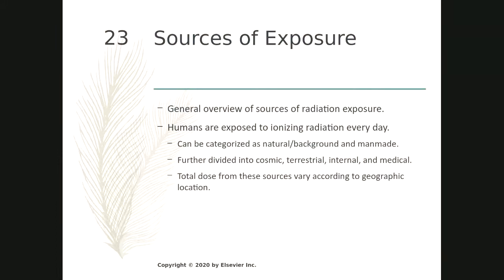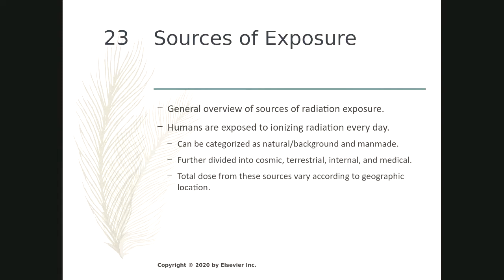When we look at this last part of the chapter, we have to understand how ionizing radiation exposure happens. And typically when lay people think about radiation exposure, they typically think of a nuclear event, or dental x-rays or medical x-rays.